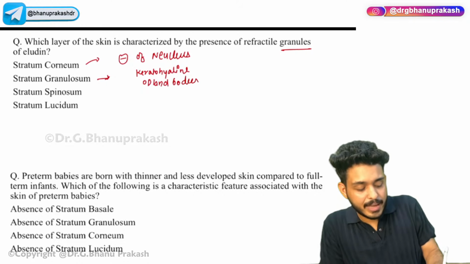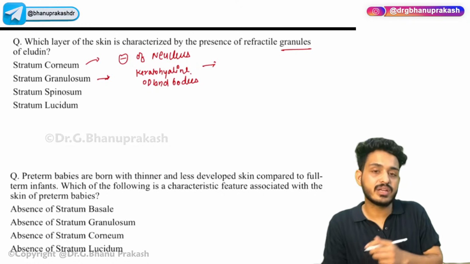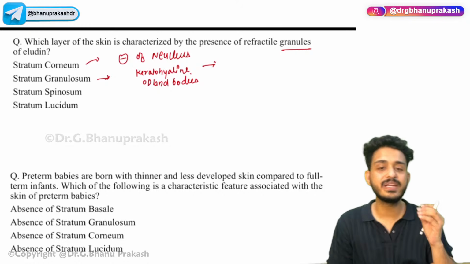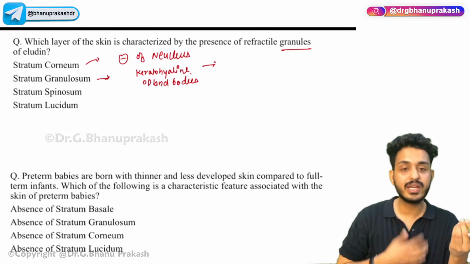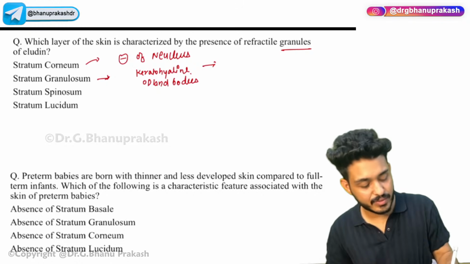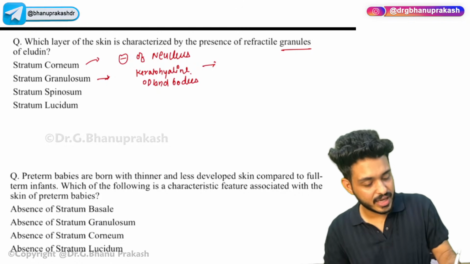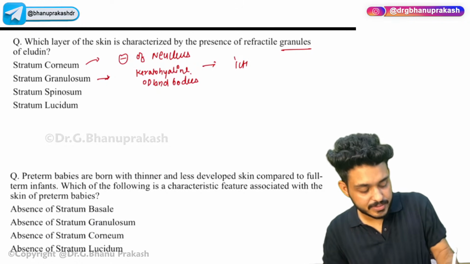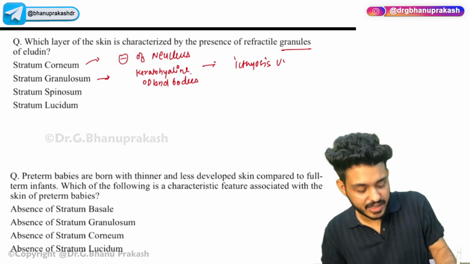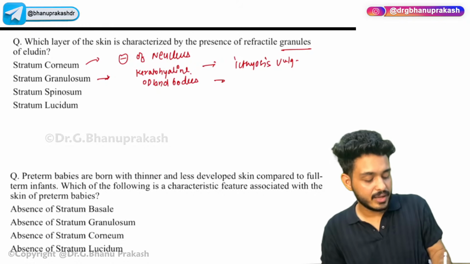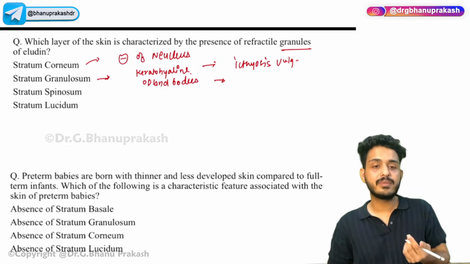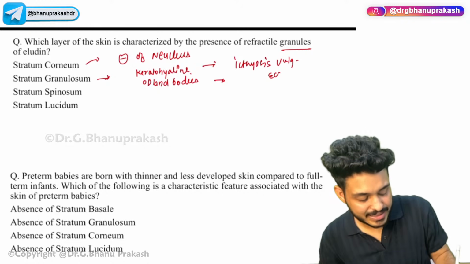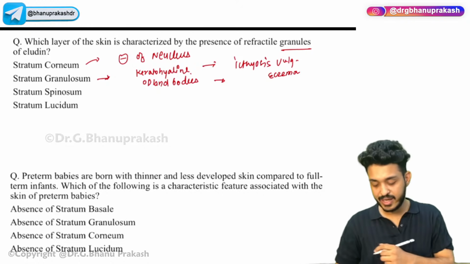If the keratohyaline granules are problematic, that means filaggrin, the filament aggregating protein, is defective, and that would give ichthyosis vulgaris. We have studied about ichthyosis vulgaris. If Odland bodies are defective, it will give some kind of eczema. We have already studied about winter eczema.